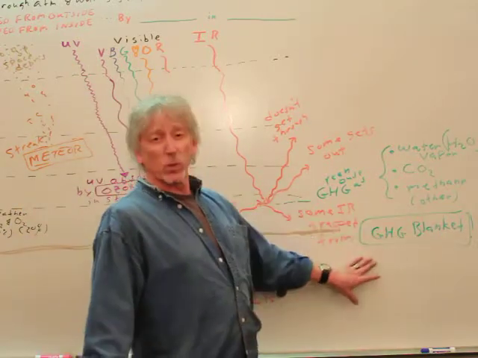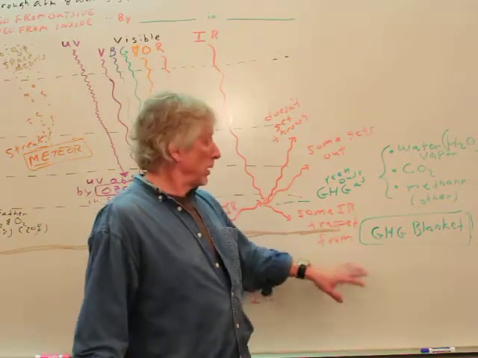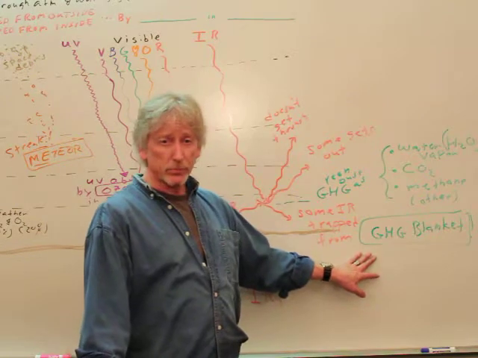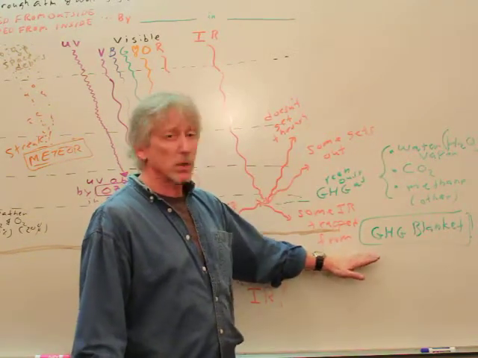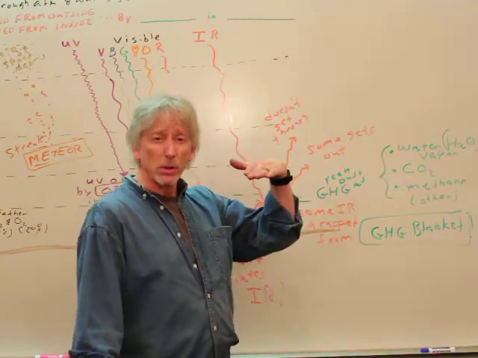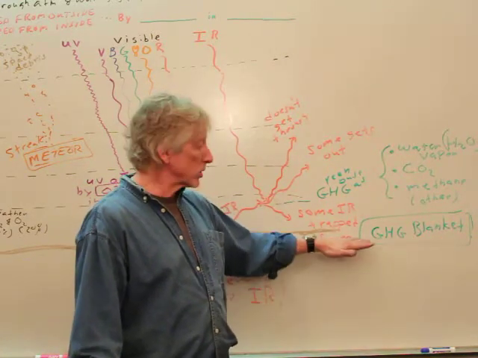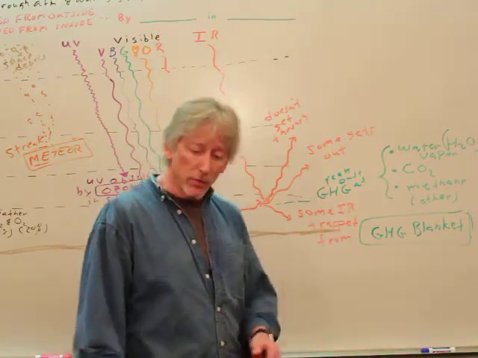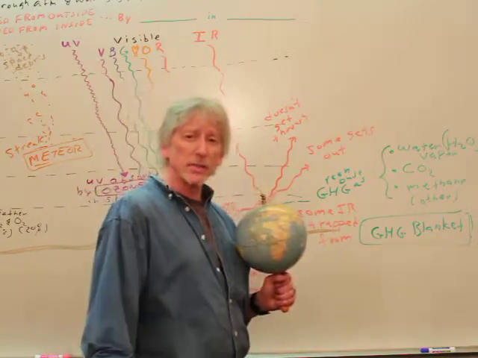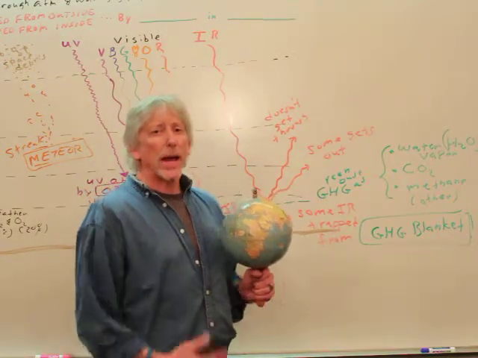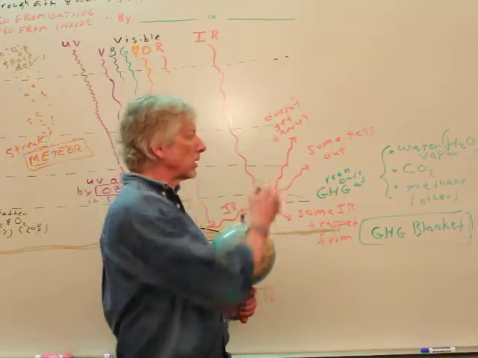So we have the greenhouse effect here, a greenhouse gas blanket. If there's too much, the planet becomes very warm. If it's too little, it becomes cooler. Just right is nice. However, it changes. Earth has naturally changed. The question is, how much are we affecting this?